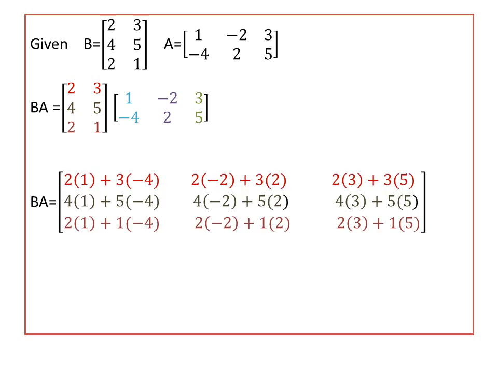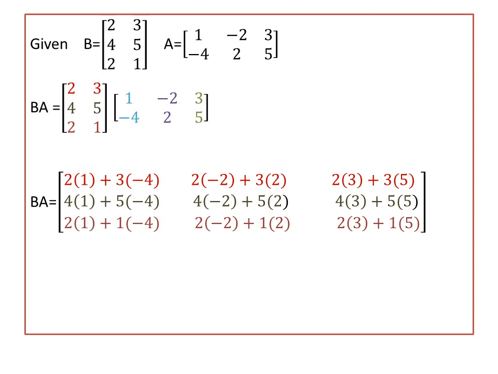First, multiplying first row of matrix B to the first column of matrix A gives 2 into 1 plus 3 into minus 4. First row to the second column, 2 into minus 2 plus 3 into 2. First row to the third column is 2 into 3 plus 3 into 5.